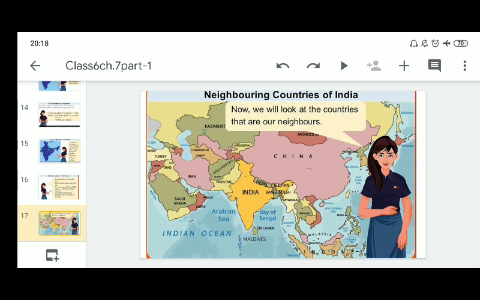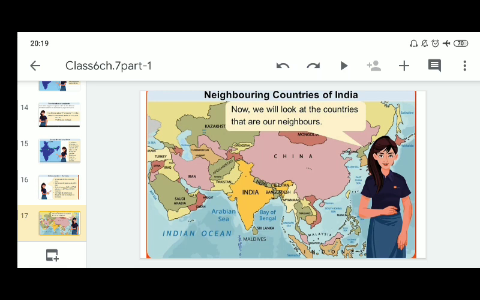You can look here: Pakistan, Nepal, Bhutan, Bangladesh, and 2 island countries that touch India's surroundings, Sri Lanka and Maldives. Okay, children. India is surrounded by 3 water bodies also. First is the Arabian Sea, second is the Bay of Bengal, and third is the Indian Ocean.